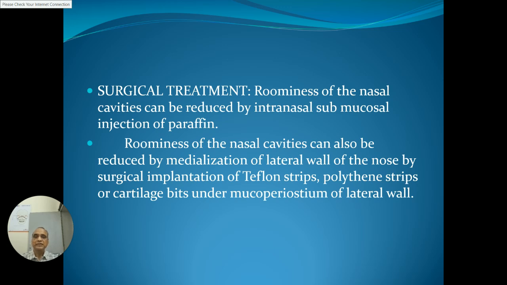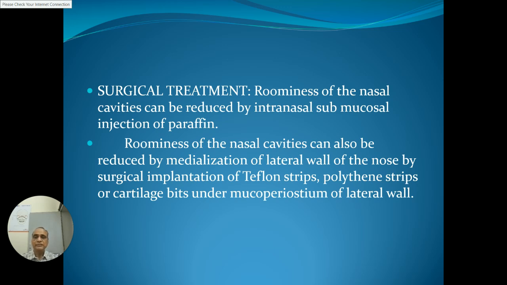Roominess of the nasal cavity can be reduced by intranasal submucosal injection of paraffin, and also by medialization of the lateral wall of the nose through surgical implantation of Teflon strips, polyethylene strips, and cartilage beads under the mucoperiosteum of the lateral wall.